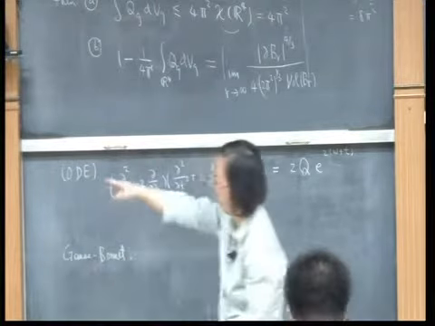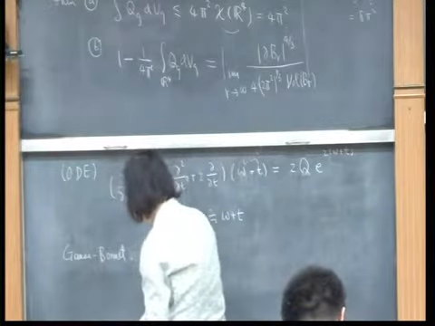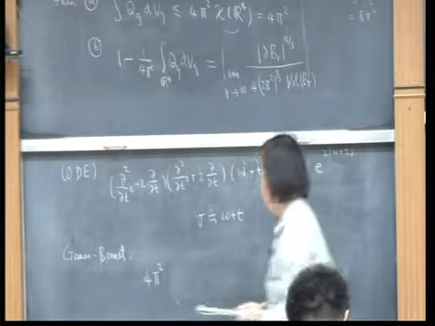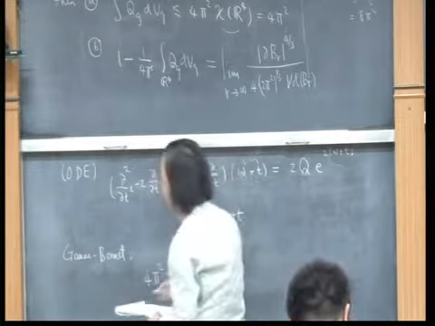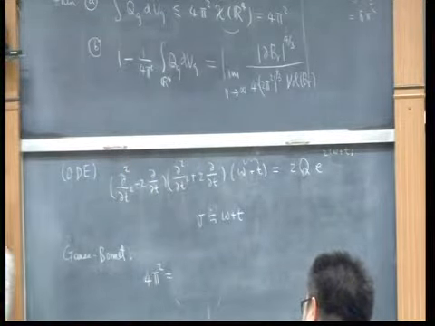In this particular case, the Euler characteristic gives 4 pi squared, and this is written into two terms: one is the Q4 term, one is the T3 term.